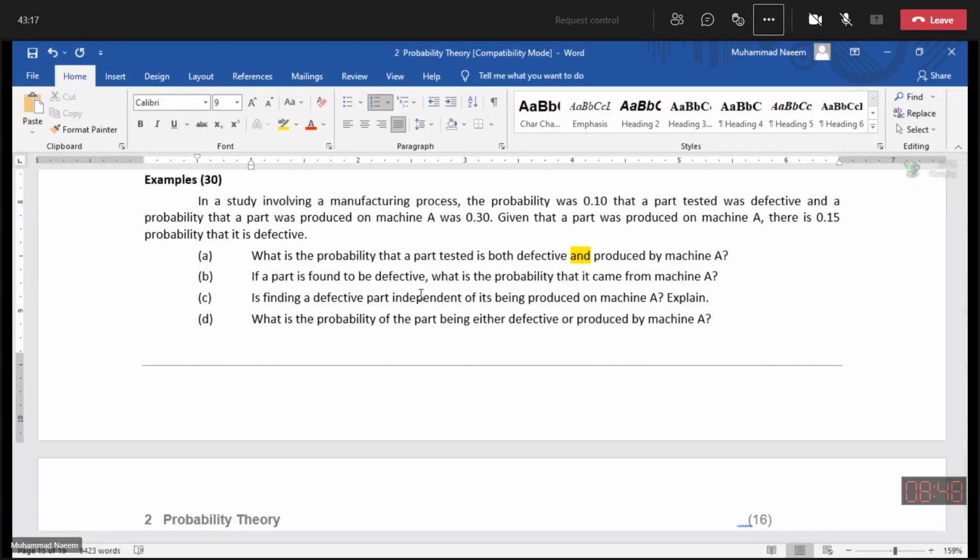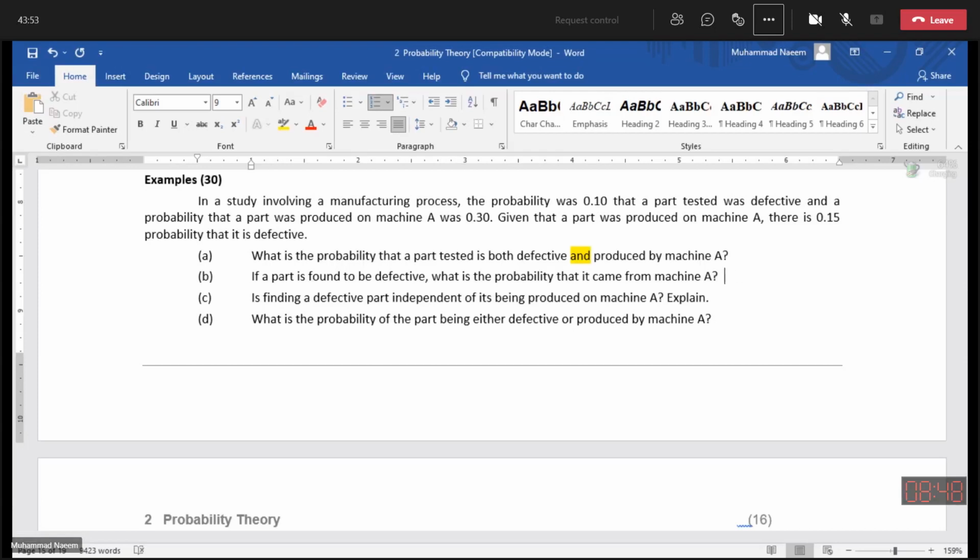In second part, we find the conditional probability of E given that the part is defective. We need this probability to calculate.